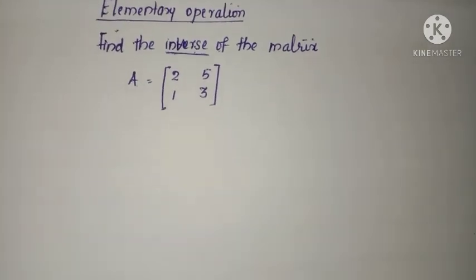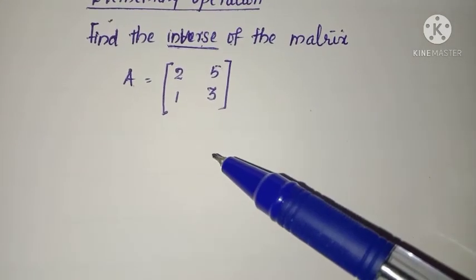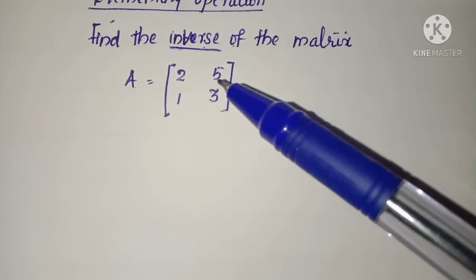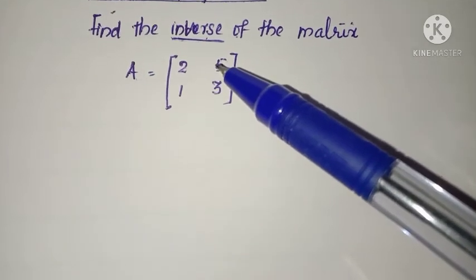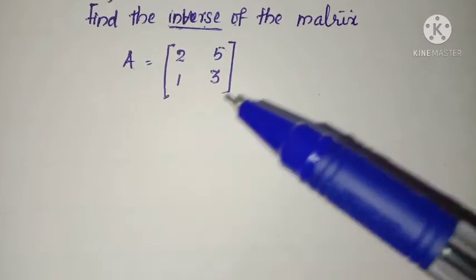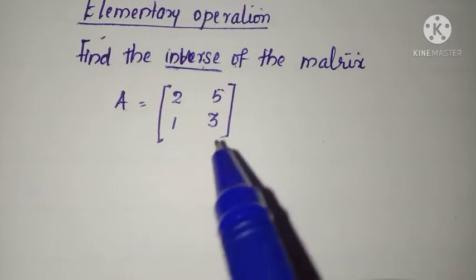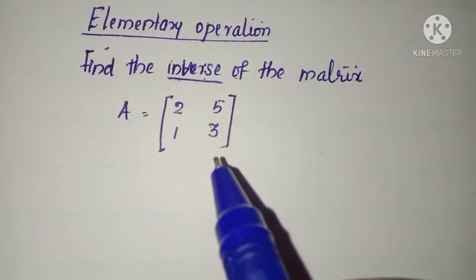If you are doing row operations, we have to use row operations throughout the problem. If you are using column transformations, we have to make column operations completely. Okay. So listen to the question. We need to find the inverse.